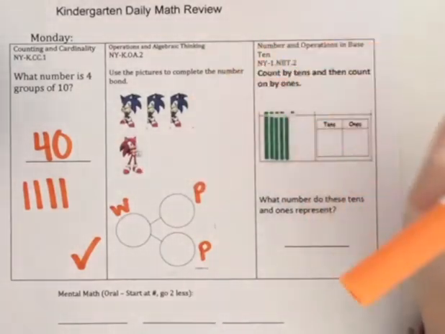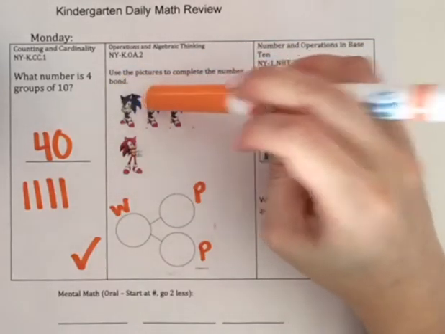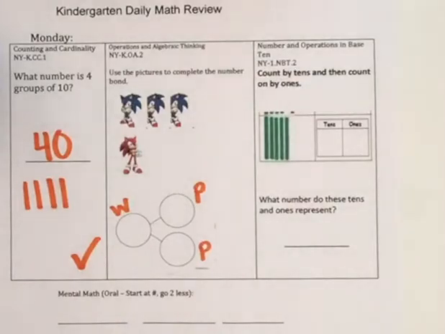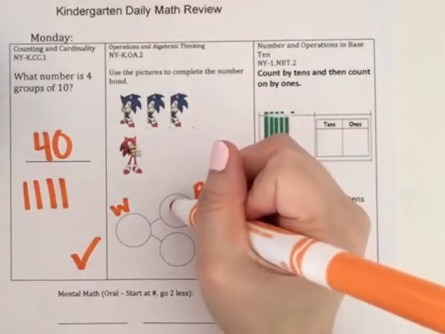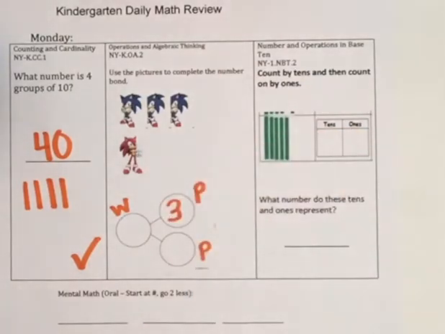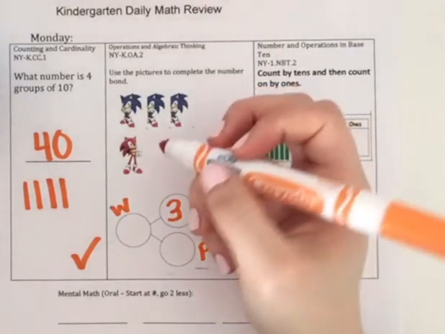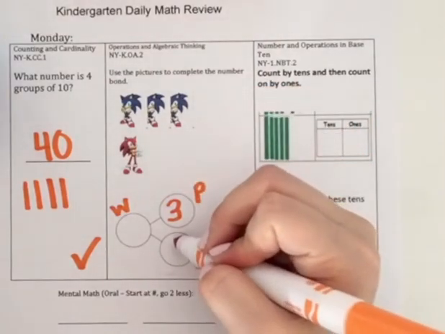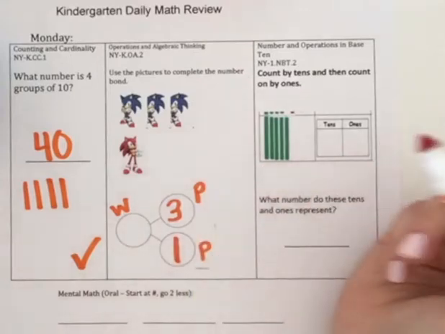So how many blue sonics do I have? 1, 2, 3, and that is just one part, so I know to put that in the part. So 3 blue sonics. Now, how many red sonics do I have? Right, I have 1 red sonic, so that goes in the other part.